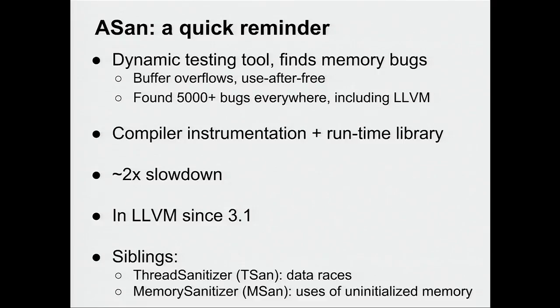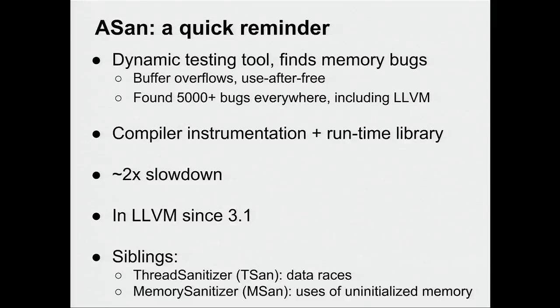Memory sanitizer is also a one-bug tool, one kind of bug tool. It finds uses of uninitialized memory. We are very often asked why we don't combine AddressSanitizer and memory sanitizer, like Valgrind did. And the answer is that if we combine those two tools, we'll get Valgrind, which is very slow.